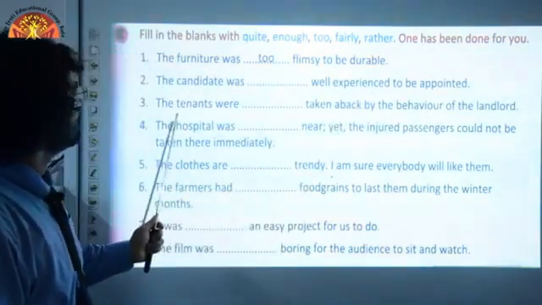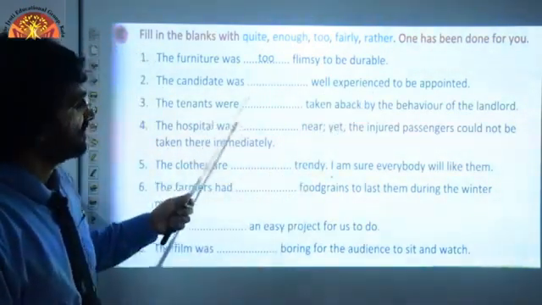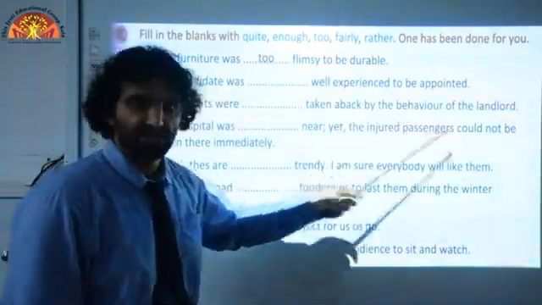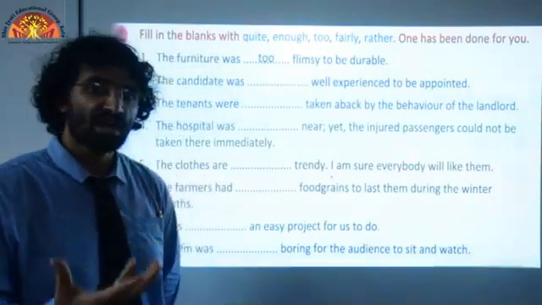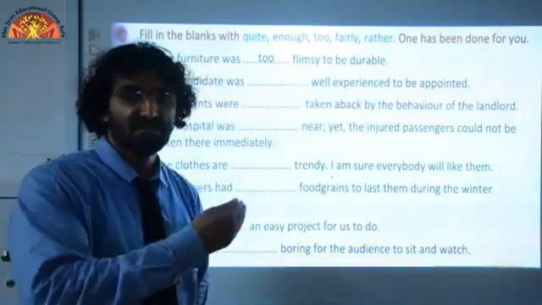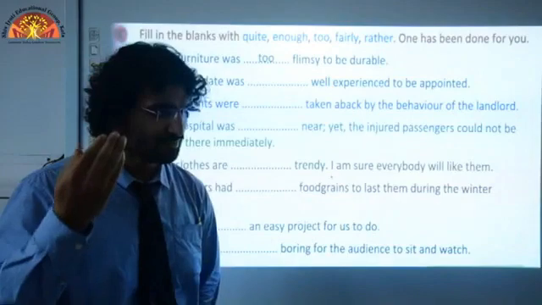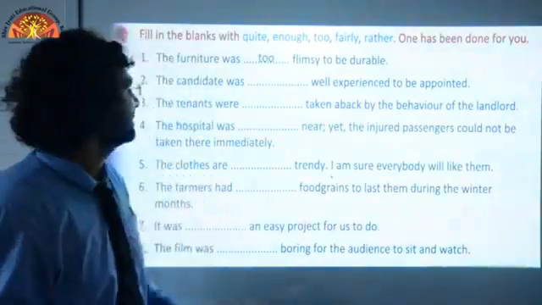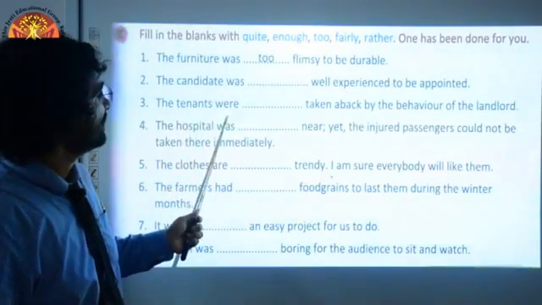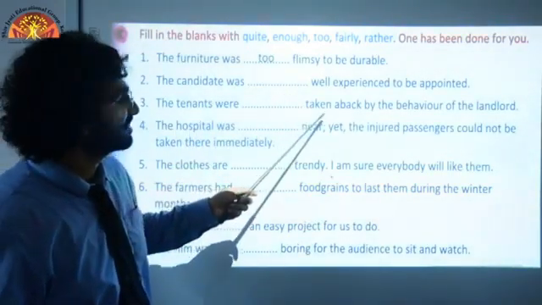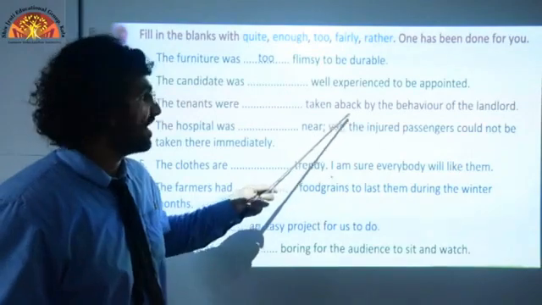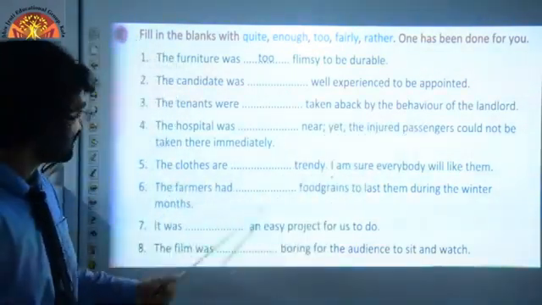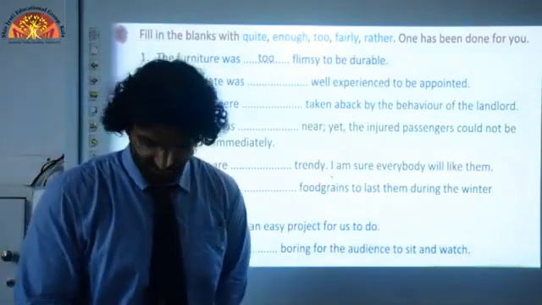Number three, the tenants were dash, taken aback by the behavior of the landlord. Could you try to think of the answer of this question on your own? Yes, please try to think. Give it a try. I know you can do it. The tenants were rather taken aback by the behavior of the landlord. So I believe you can do the rest of them on your own. All the very best.